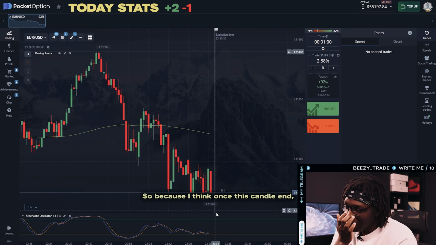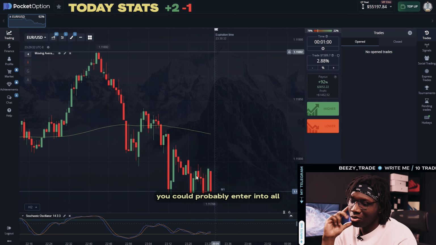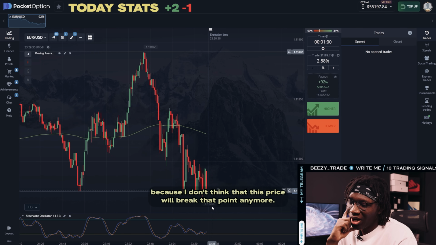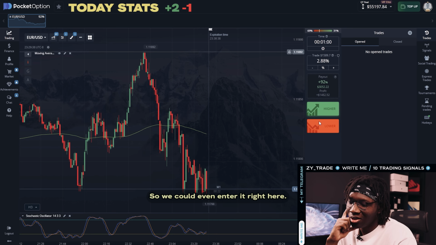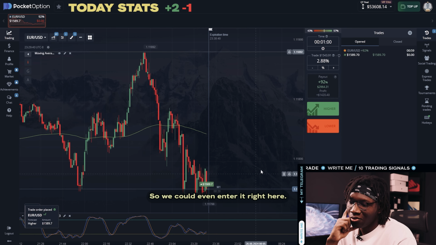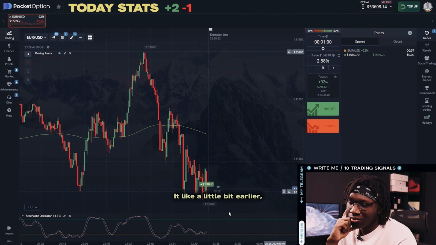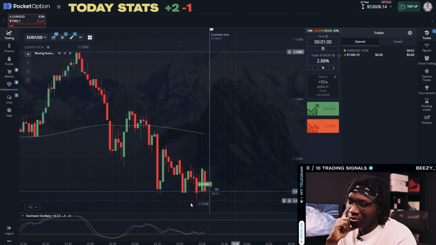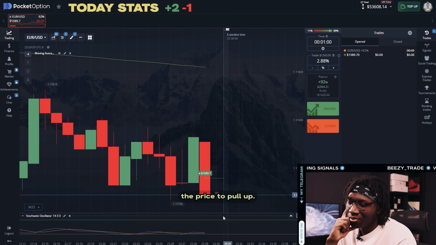Because I think once this candle ends, you could probably enter into a call, because I don't think that this price will break that point anymore. So we could even enter it right here, or a little bit earlier. We're expecting the price to pull up.